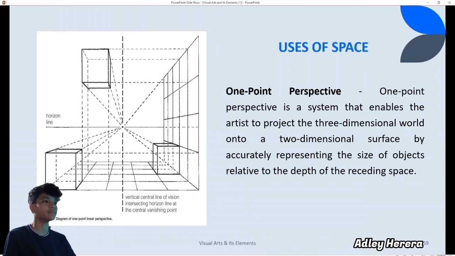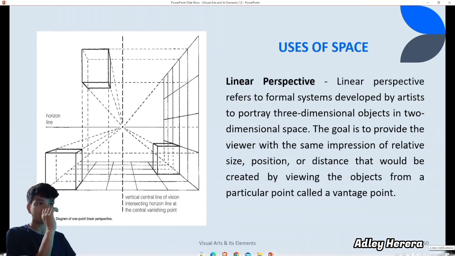One-point perspective is a system that enables the artist to project the three-dimensional world onto a two-dimensional surface by accurately representing the size of objects relative to the depth of the receding space. Linear perspective. Linear perspective refers to the formal system developed by artists to portray three-dimensional objects in two-dimensional space.